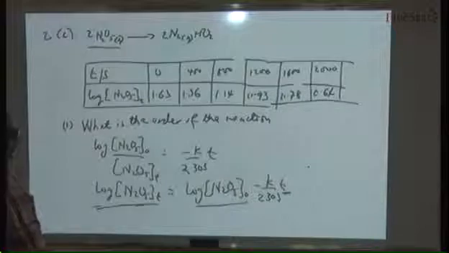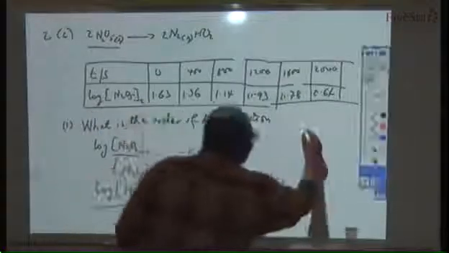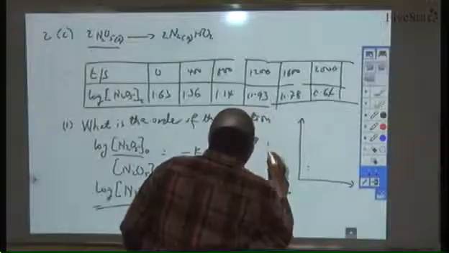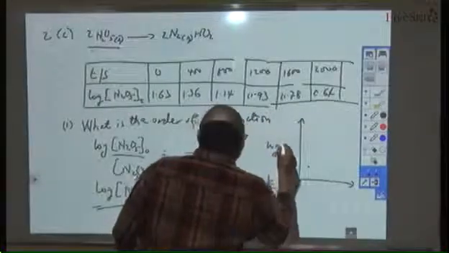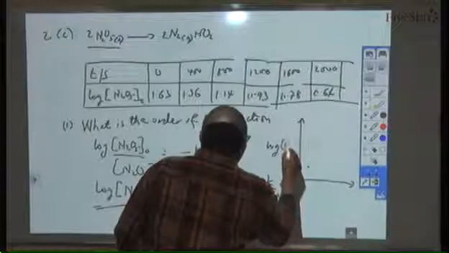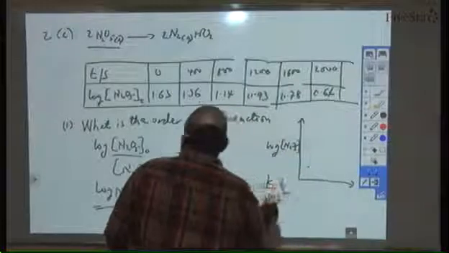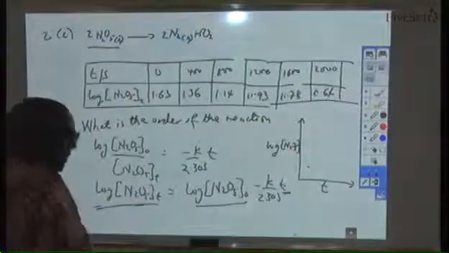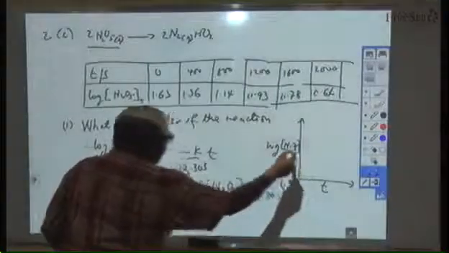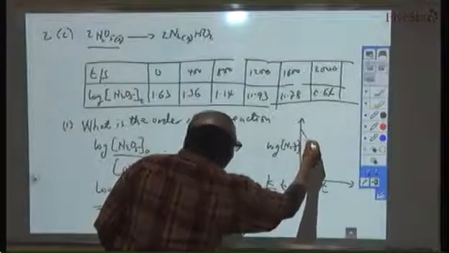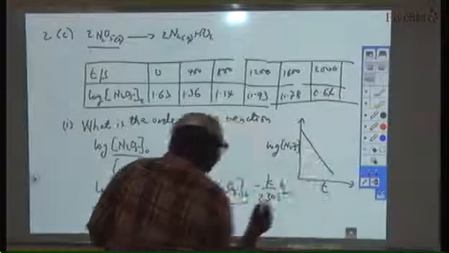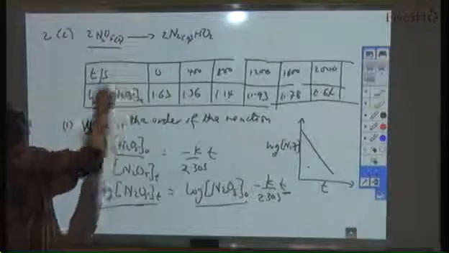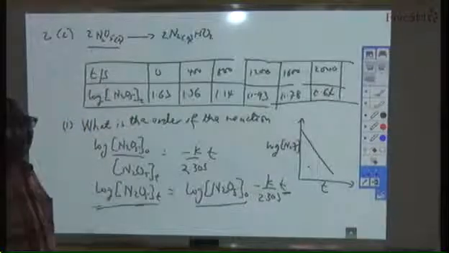In other words, if a graph of logarithm of this one against time, if a graph of this one against this one gives a straight line, it is a proof that this data comes from the first order reaction.